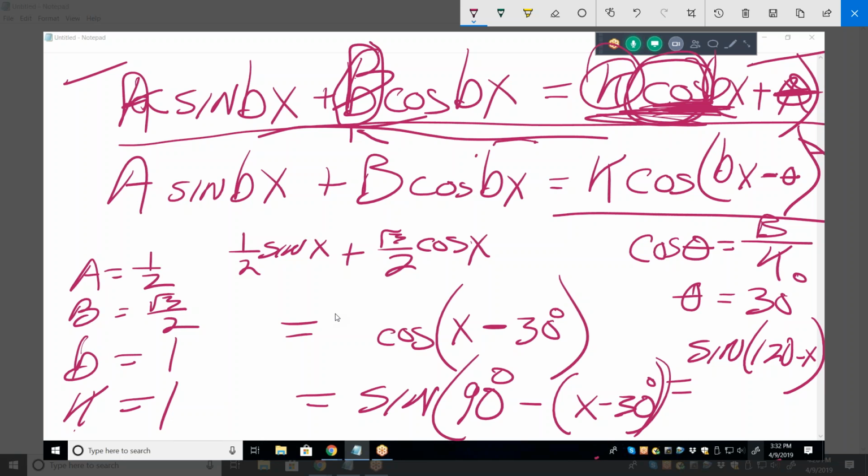Or it's the cosine of x minus 30, and I frankly prefer this answer because it's a smaller angle, first of all. You don't want to use second quadrant angles if you can use first quadrant angles. And secondly, this is x minus 30 as opposed to 120 minus x. So it's a little easier to work with that one as an answer.